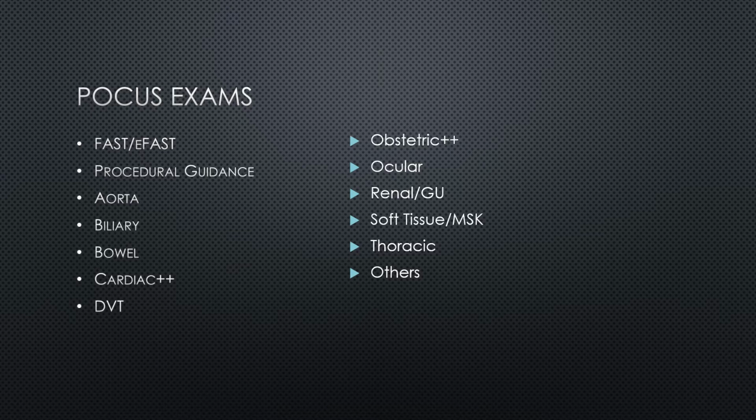So in each of these exam types, you need your 25 that ACEP requires to be credentialed in the external exam, and then an additional 10 in that internal modality in order to be credentialed in that. So if you get 25 external OB exams and then 10 more transvaginal OB exams, then you can be credentialed for both. Same story with TTE and TEE on the cardiac side of things.